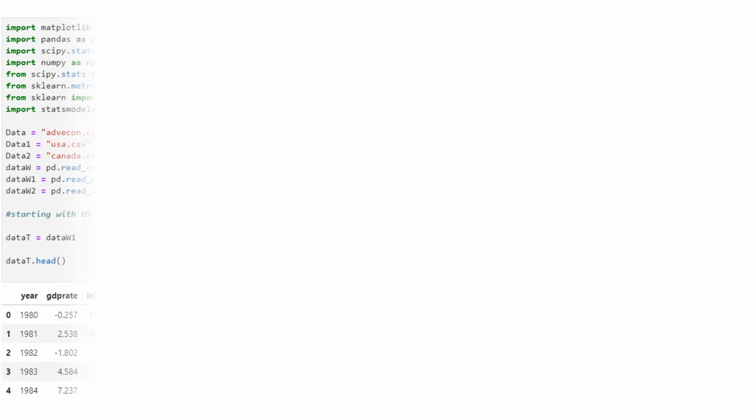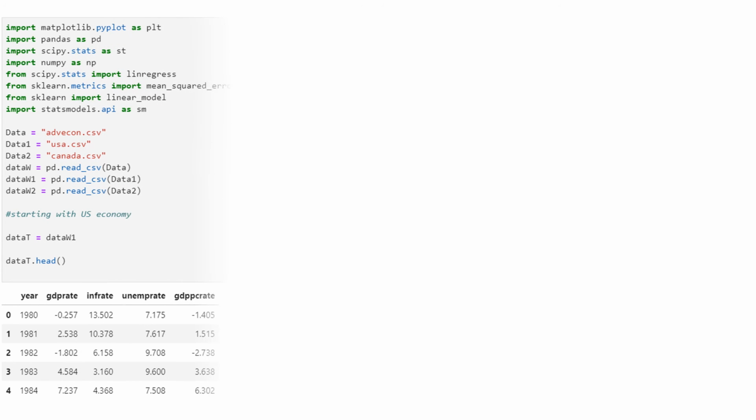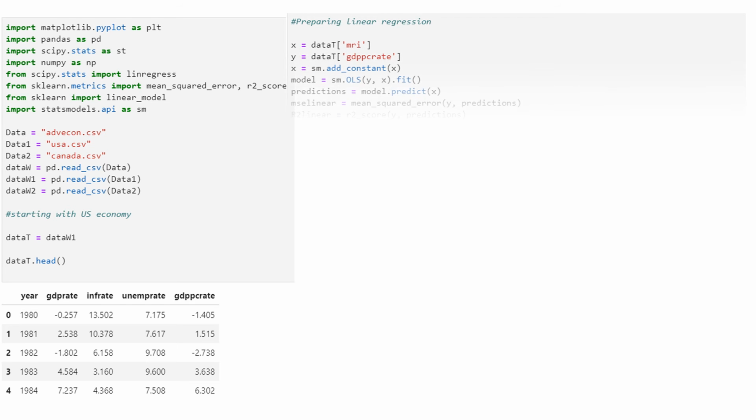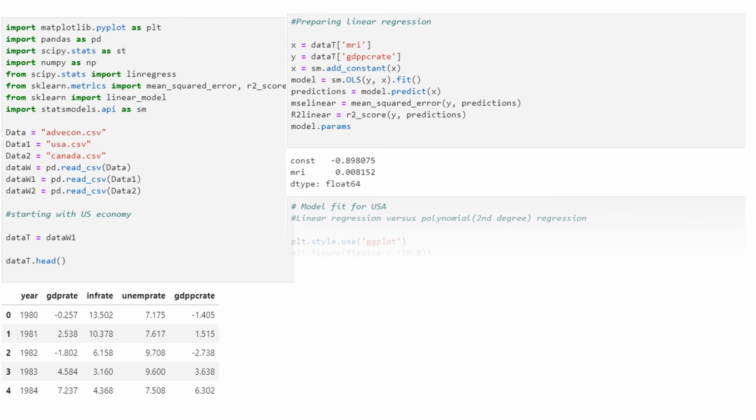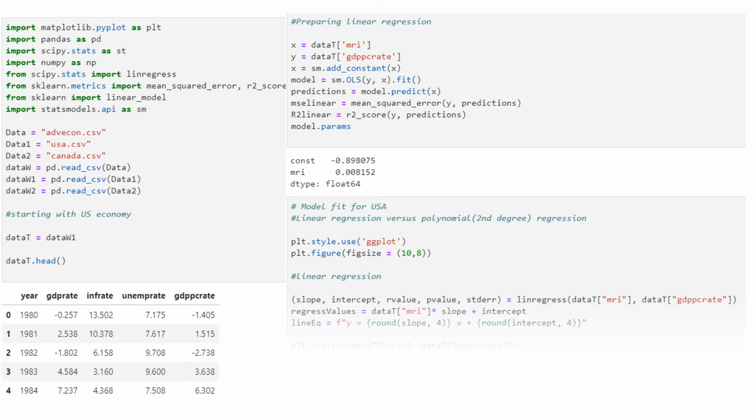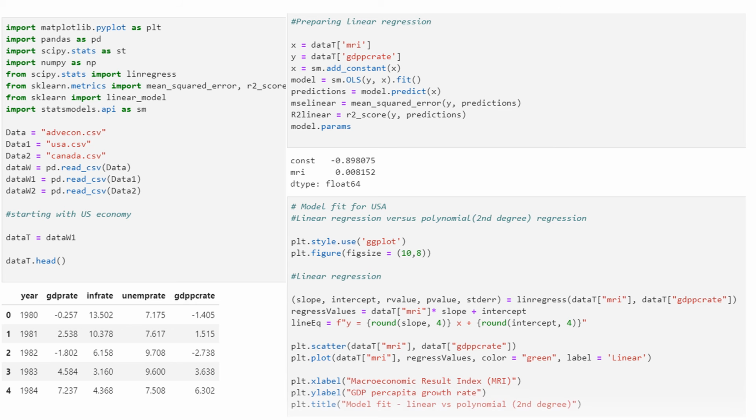You know, I want to make a special mention of the case of the US, just to show how useful data science is to get the best model to explain its macroeconomic performance. The first step is to try with the linear regression, but we all know that it's not the only kind of model.